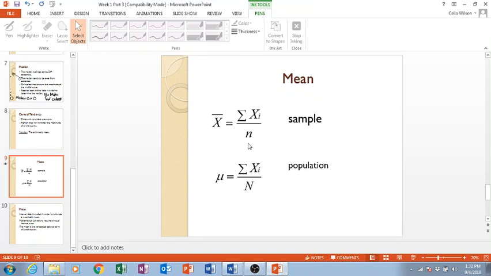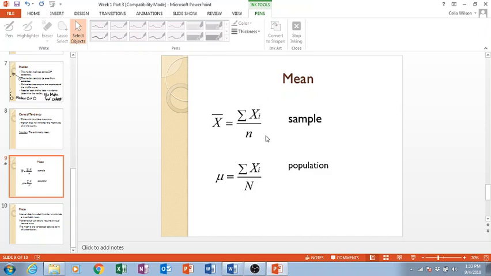The lowercase n italicized is the number in the sample, in that particular sample you're dealing with, okay? So X bar is the sample mean, and mu is the population mean. For this first part of this course, we're just going to ignore the population mean. We're only going to talk about the sample mean, all right?